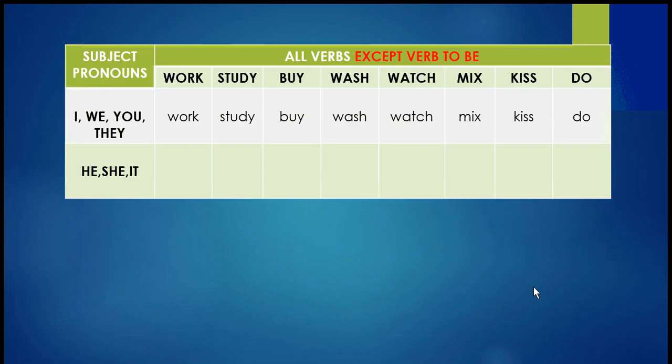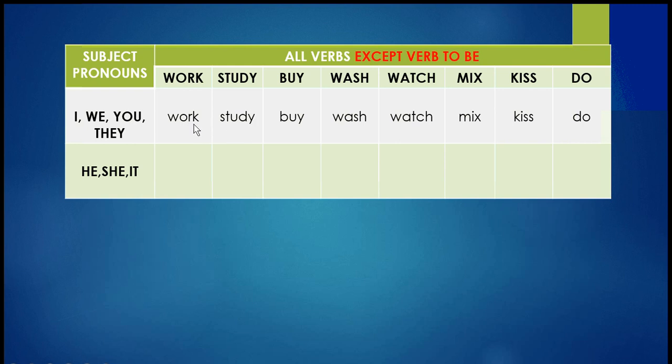So, here we have a summary of the conjugation of the verbs. We have the subject pronouns I, we, you, and they, and we have he, she, it in a group, third person singular. When we conjugate any verb, for example work, study, buy, wash, watch, mix, kiss, and do, with I, we, you, and they, the verb doesn't change.